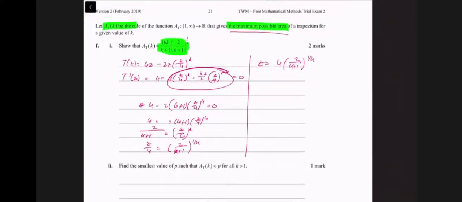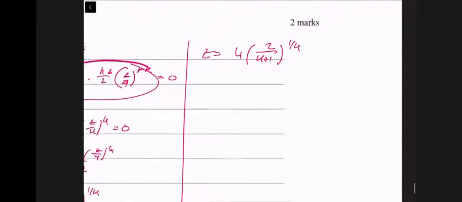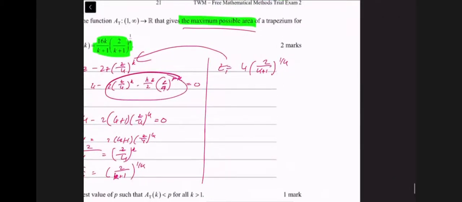To find max area, usually we would sub this back into T(z). Let's call that z1. So we're doing T(z1), which is 4 times 4(2/(k plus 1)) to the power 1/k minus 2 times this times (2/(k plus 1)), to the power k.